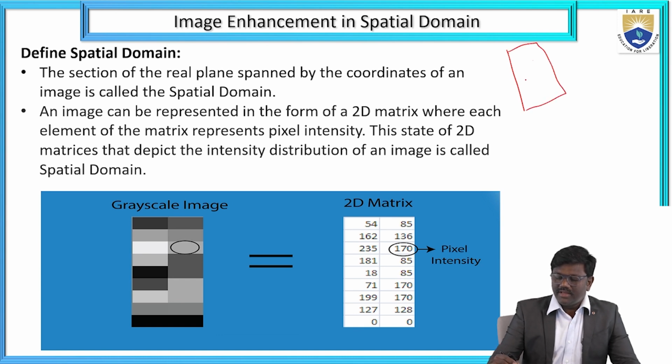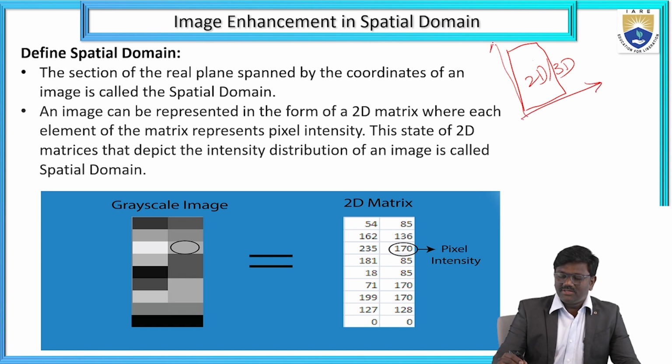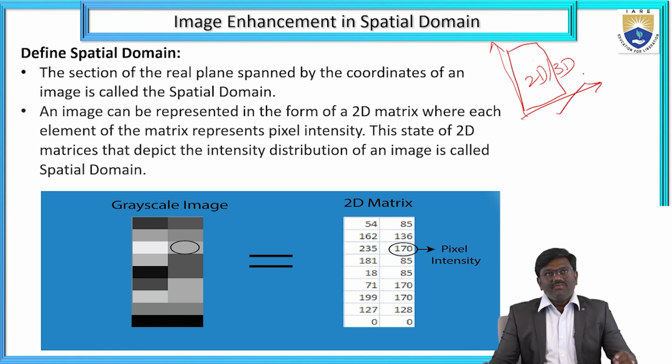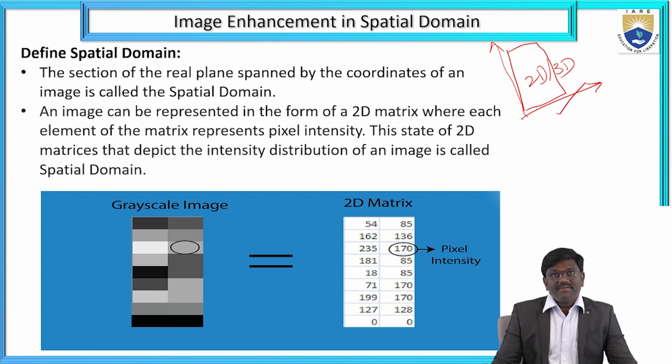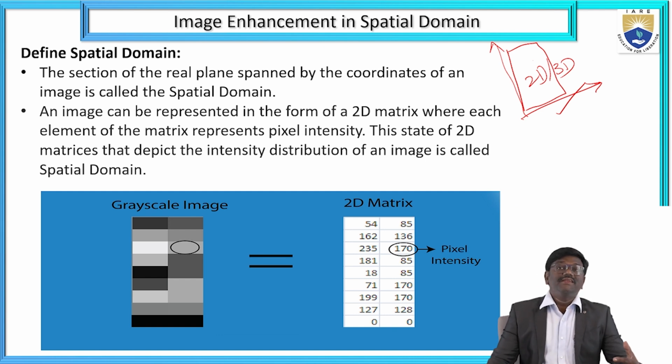This is the image, either a 2D or 3D image. Right now we are understanding it in the spatial domain, that is, Cartesian coordinates. The coordinates of an image are called the spatial domain. Let us represent it in the form of a 2D matrix, where each element of the matrix represents pixel intensity.